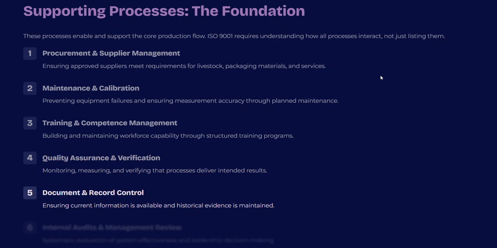We have document and records control. Here in fifth step is ensuring current information is available and historical evidence is maintained. Sixth step, internal audit and management review, systematic evaluation of system effectiveness and leadership decision making.